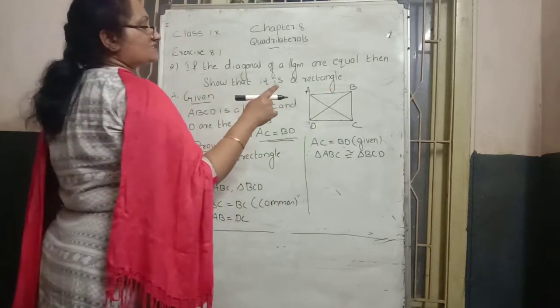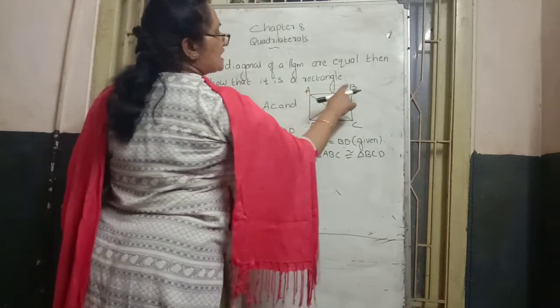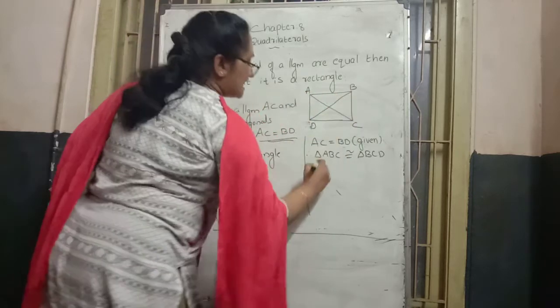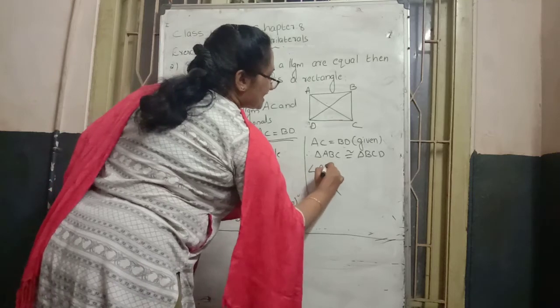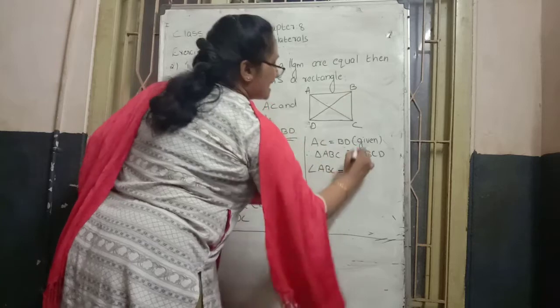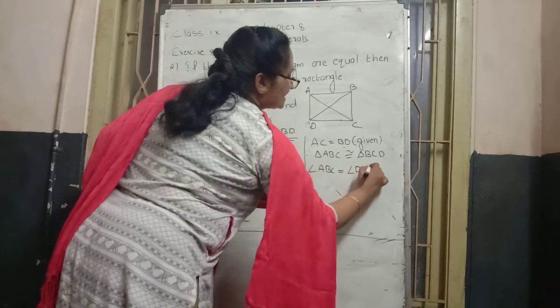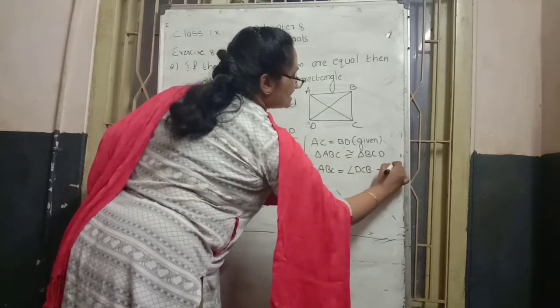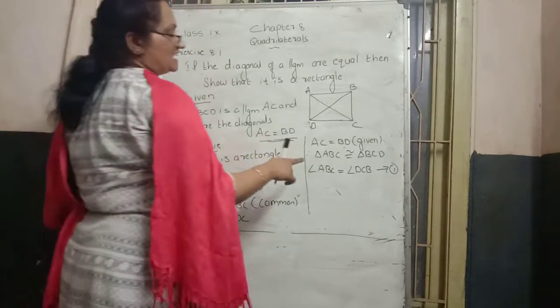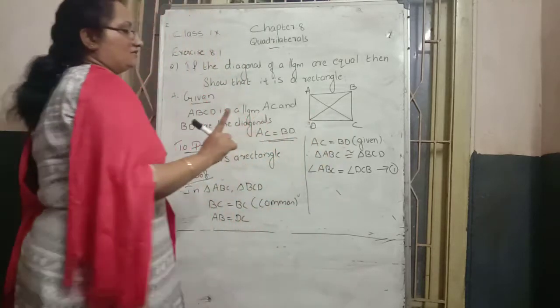Angle ABC of the first triangle and angle DCB of the second triangle are equal. We mark this as equation 1.